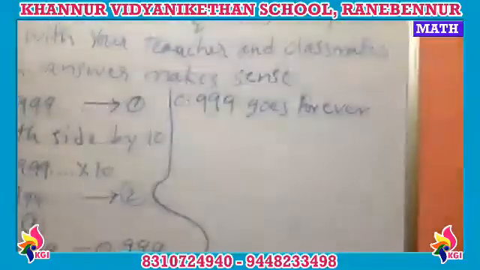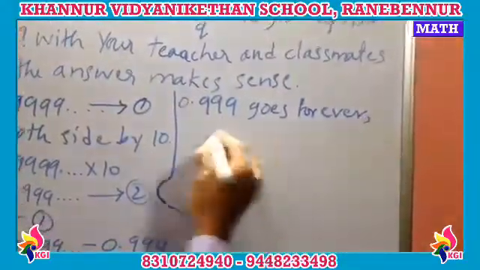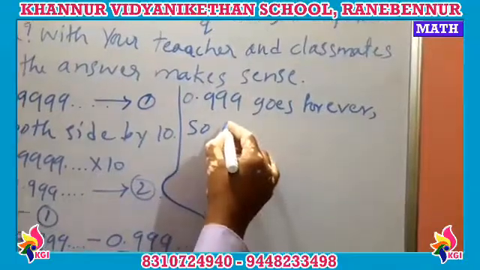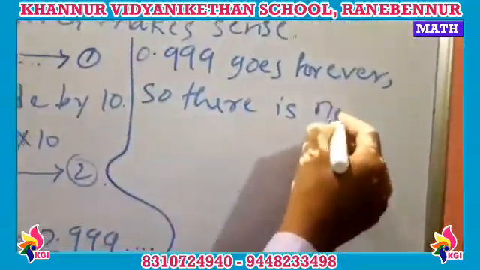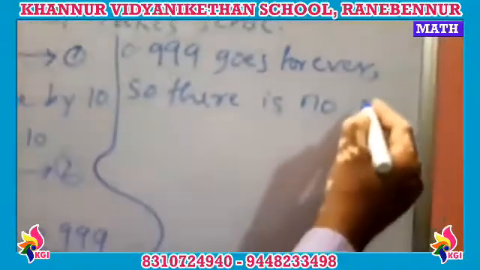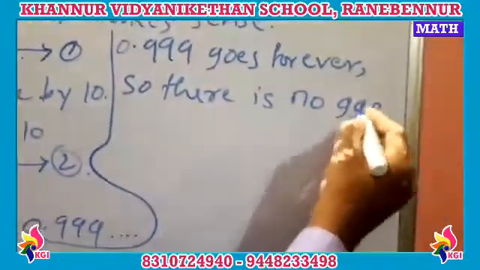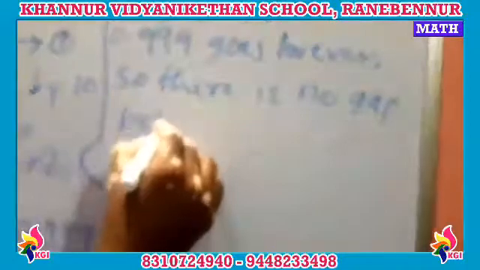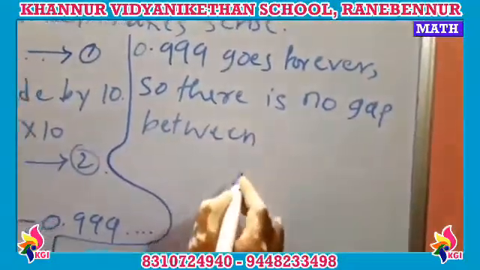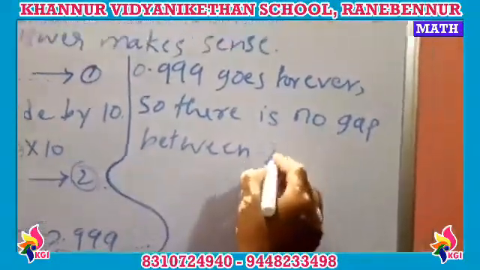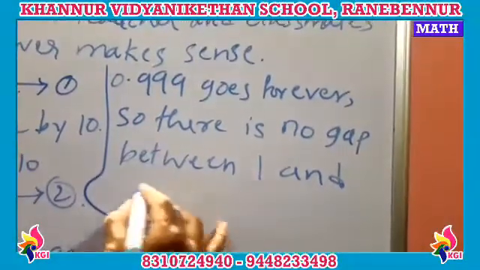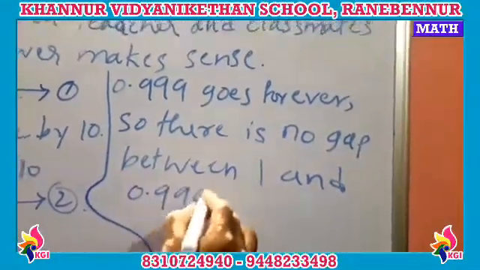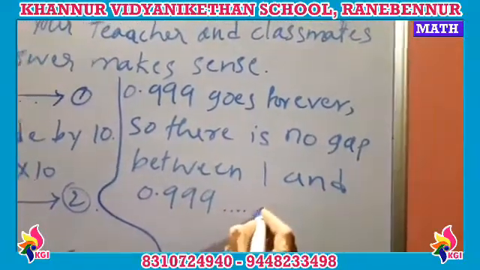So if it goes forever, there is no gap between 1 and 0.9999 and so on, right?